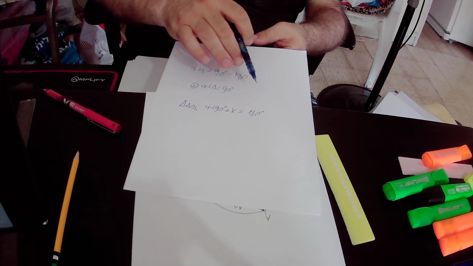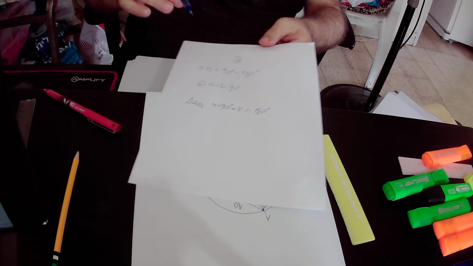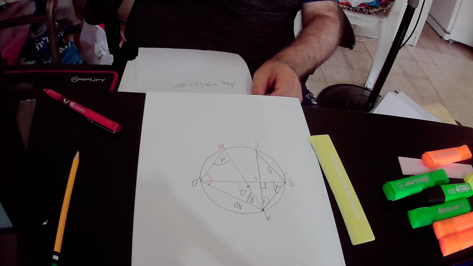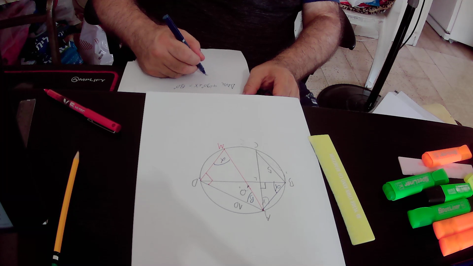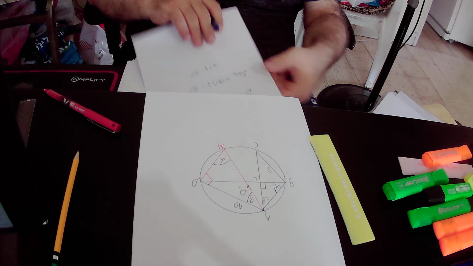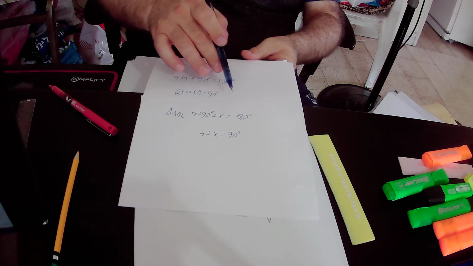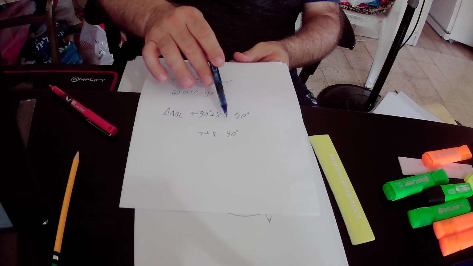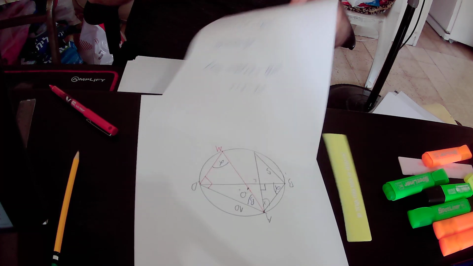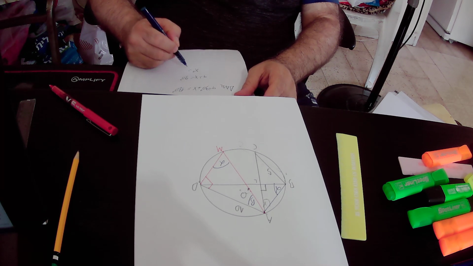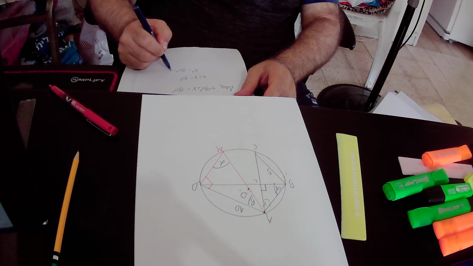So we can subtract 90 degrees from both sides of the equation. We'll get that alpha plus X equals 90 degrees, or angle X equals 90 degrees minus alpha.